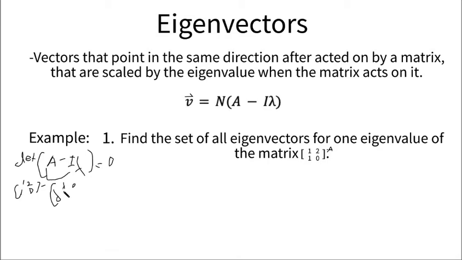This would turn into lambda, and this would turn into lambda, because 1 times lambda is lambda. And to subtract these two, you just subtract every single element. So 1 minus lambda, that's going to be our first element. Zero minus lambda, that's just negative lambda. And then 1 minus 0 is 1. And 2 minus 0 is 2.